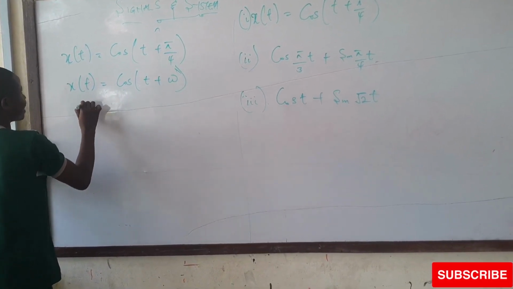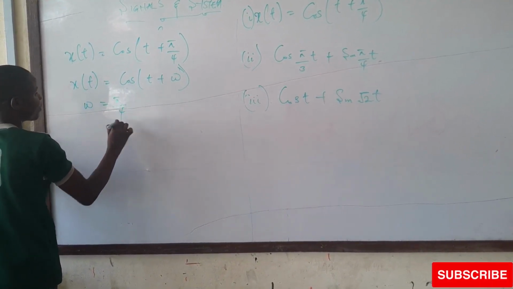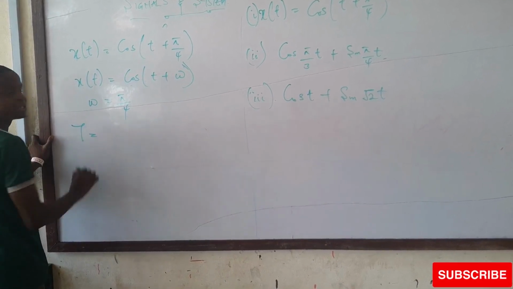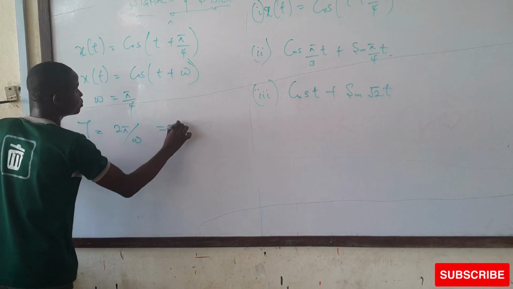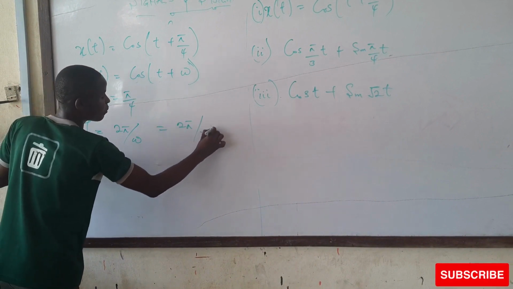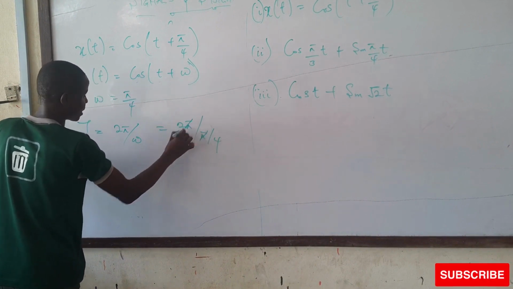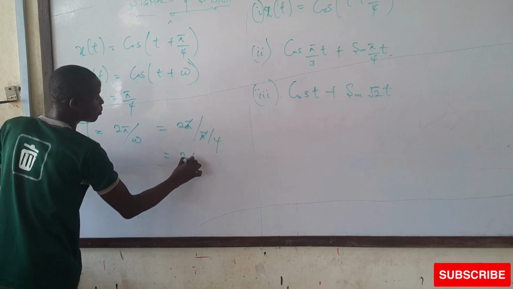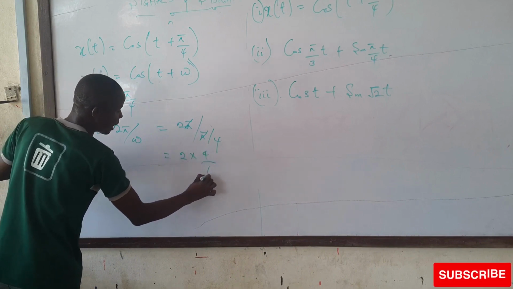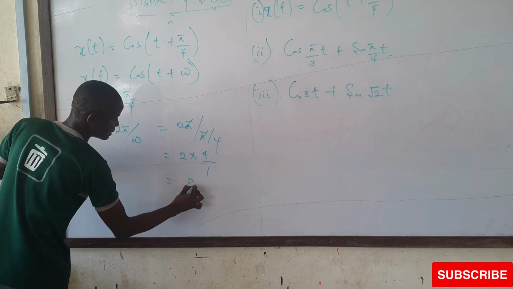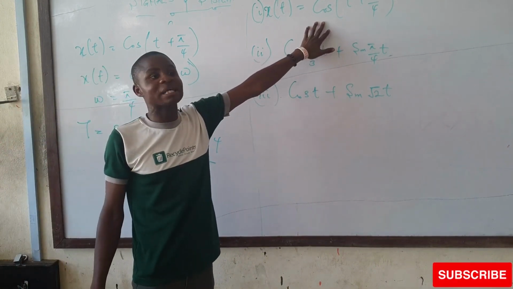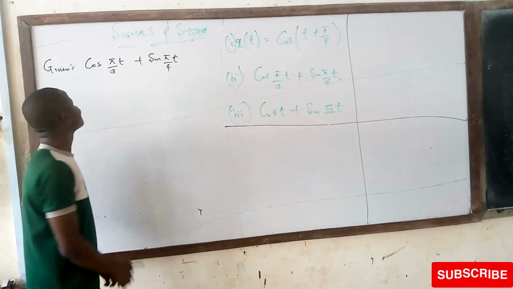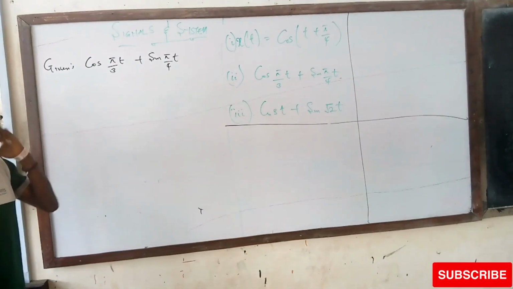So here my omega is equal to pi over 4, so my period is given as 2 pi over omega, which is 2 pi over pi over 4. Pi cancels pi, and I end up with 2 multiplied by 4 over 1. Hence, this is 8 seconds. Hence, we can say this signal is a periodic signal.